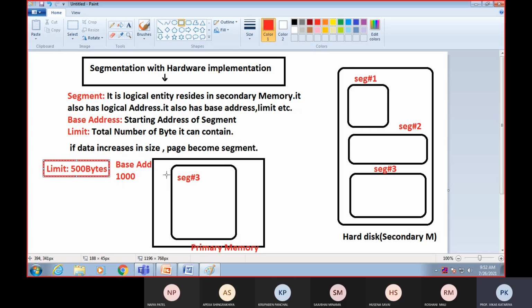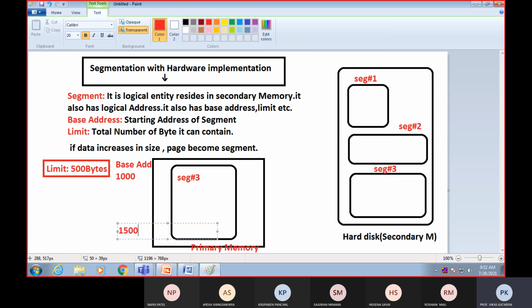The first line of segment number 3 will be at address 1000, and the segment has a total limit of 500 bytes, so it will close at 1500. So 1000 plus 500 is 1500, which shows the limit or closing address of a particular segment.